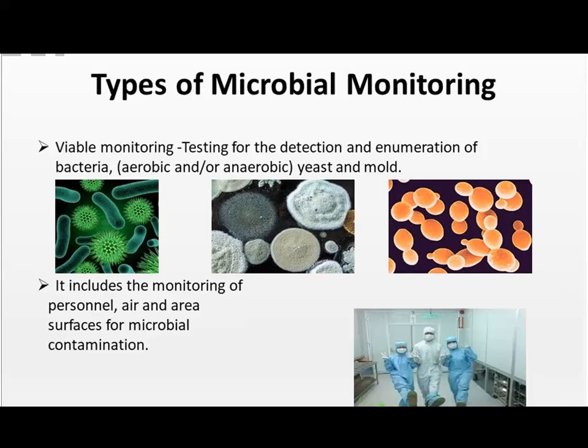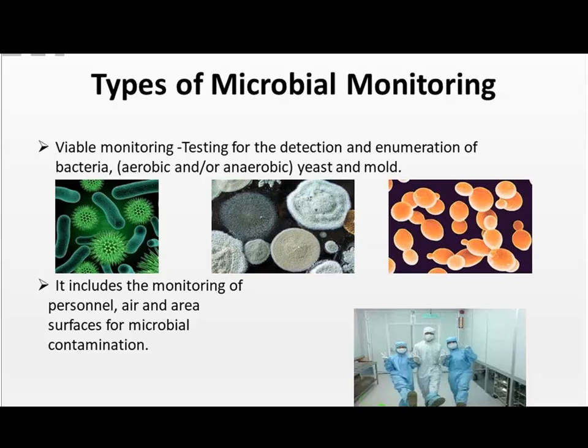And this bacteria can be bacteria that lives in an aerobic environment, meaning an environment that has oxygen, so they live and breathe in the presence of oxygen. And also we're looking for anaerobic bacteria, and this is bacteria that lives in the presence of no oxygen. And this is bacteria that can get into our product in sealed containers and grow.